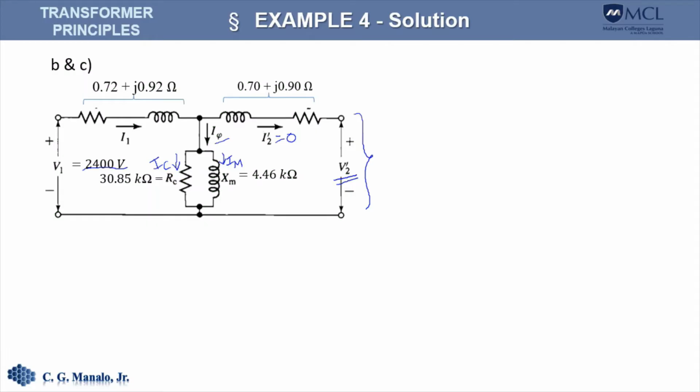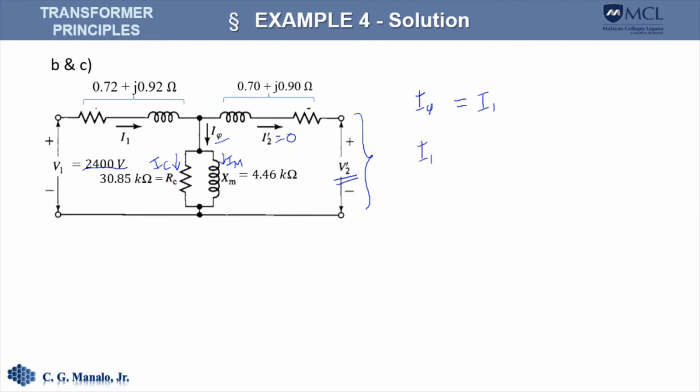Since this is an open circuit, or I sub 2 prime is 0, that would mean that the exciting current is equal to I sub 1. That is the current drawn by the transformer.